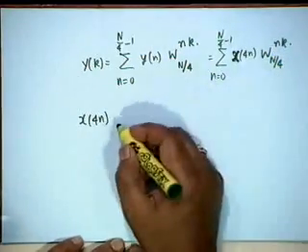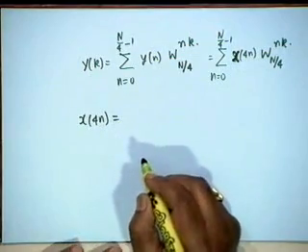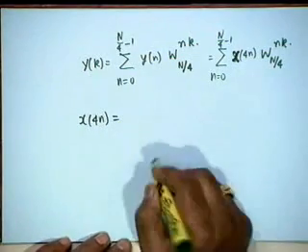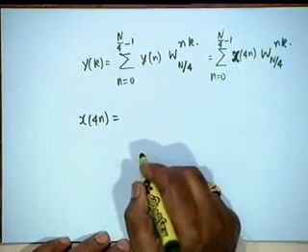So I substitute x of 4n, I compute by inverting capital X of k.